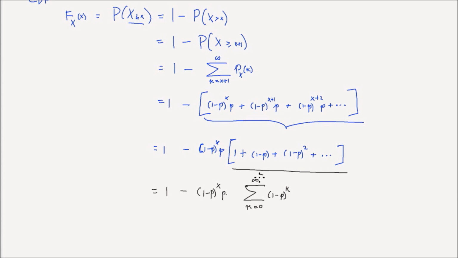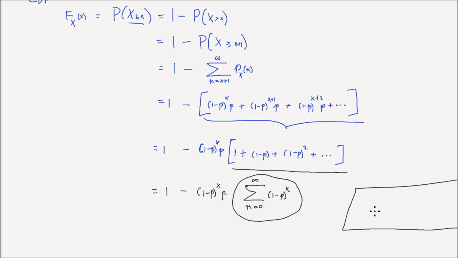This summation that you have here is the sum of a geometric series. If you remember from your algebra, if you have the sum k from 0 to infinity of r to the power of k, that is equal to 1 divided by 1 minus r if r is between 0 and 1. And of course, 1 minus p is between 0 and 1 here, because p is a probability.